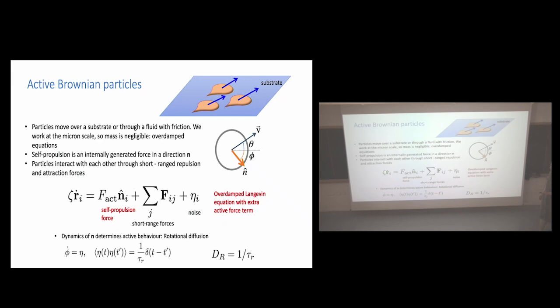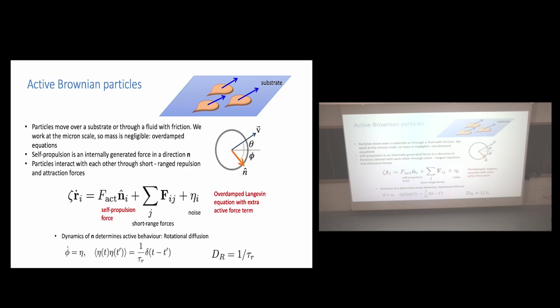So friction coefficient here, I'm going to write these external forces as F active in some direction n. So I'll write this as an active force generated through, say, crawling over the substrate in some direction n, which makes an angle phi in this case with my axis. And I keep pair forces, I keep noise.